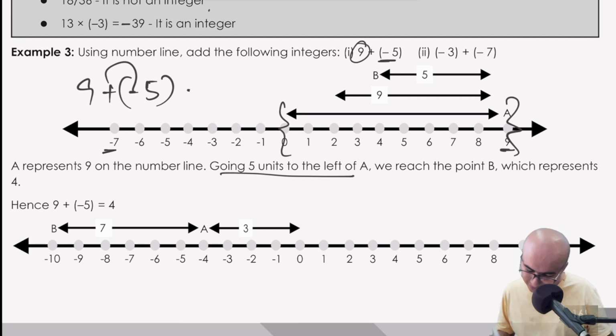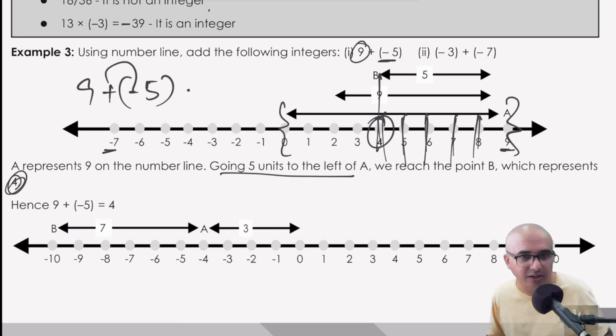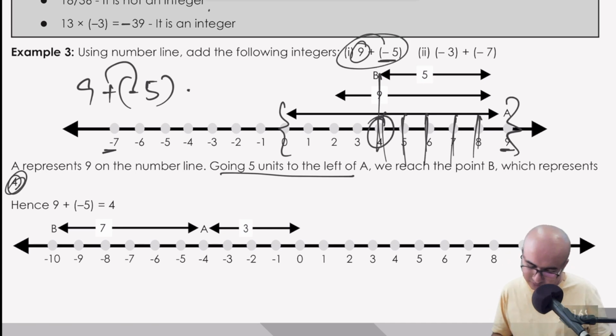Going 5 units to the left of A, we reach point B. 1, 2, 3, 4, 5, which represents 4. Okay, nice, got it. So whatever is left would be 4. That way also we can identify the operation. Basic operation, subtraction, that is.